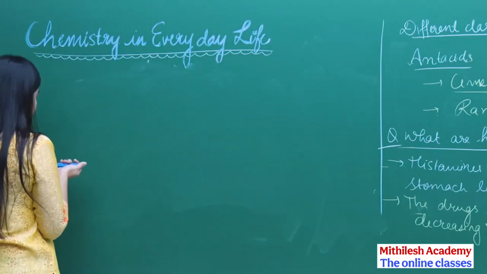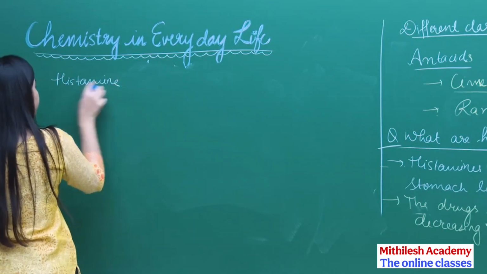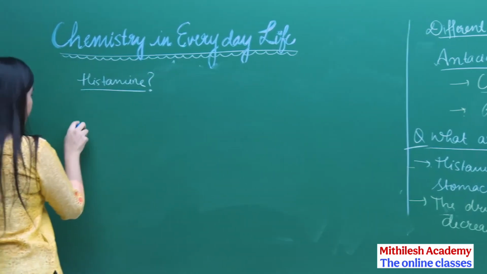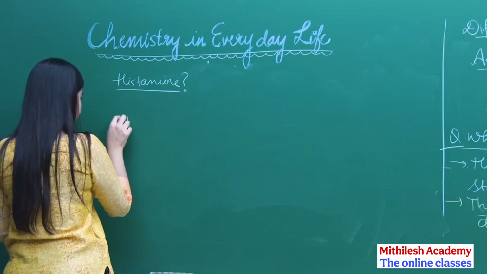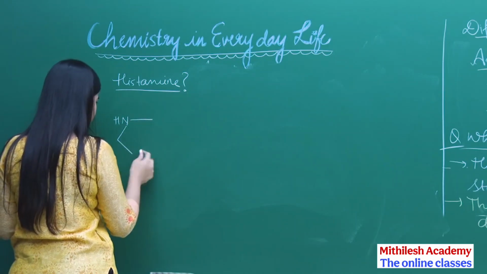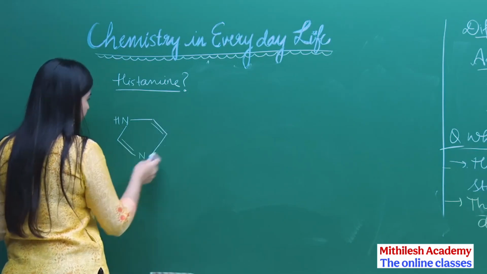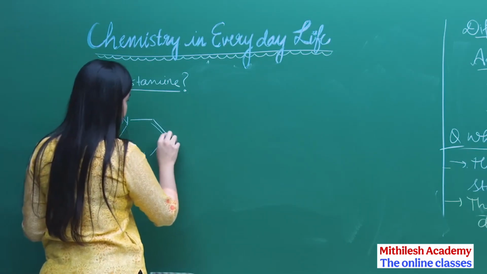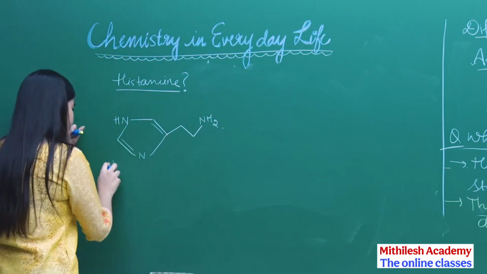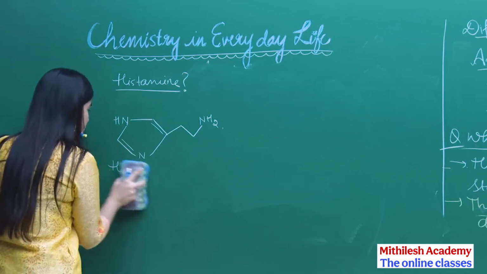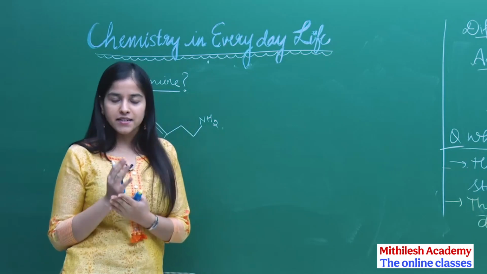So first, what is the structure of histamine I am drawing? Histamine looks something like this. So this is histamine, and now a similar kind of structure will be in cimetidine and ranitidine.